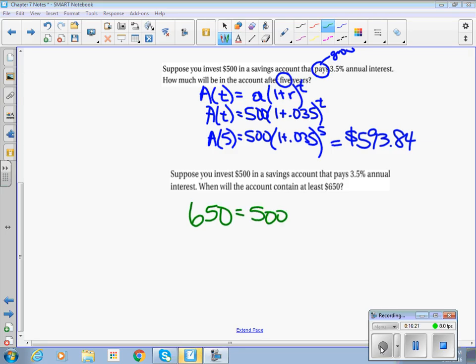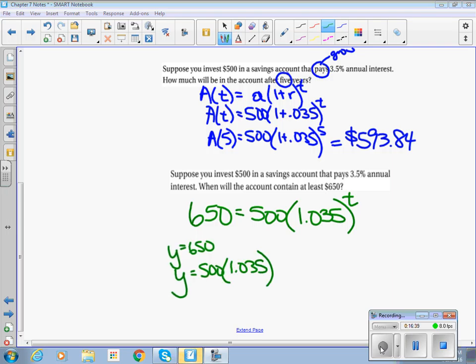My starting value is 500 times 1.035 to the T. So I'm going to graph y equals 650, and I'm going to graph y equals 500 times 1.035 to the T. We will learn later on in this chapter how to do this algebraically, but for now, here's how we do it using a calculator.